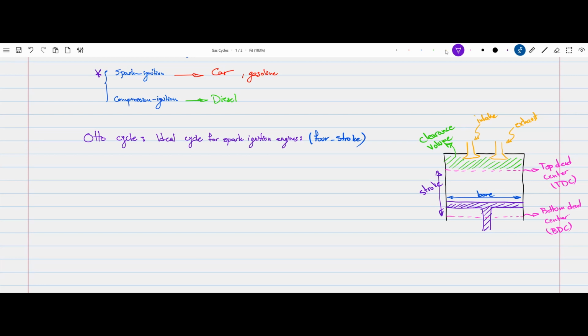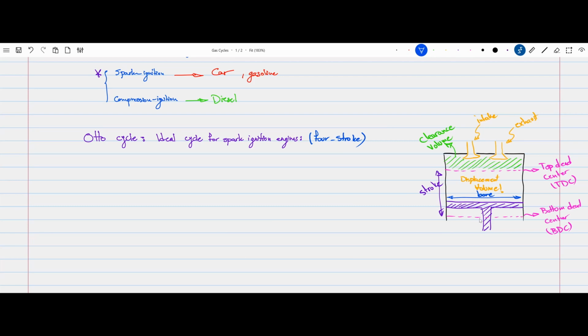And the volume between the TDC and the BDC is referred to as displacement volume. So when you check your car's engine and it says, for example, 2.4 liters or something like that as the capacity for the engine, it is referring to the displacement volume of each of the cylinders in your engine. Your car engine typically has something between 4 to 8 cylinders, depending on the model, make, and how loud you want the engine to be.